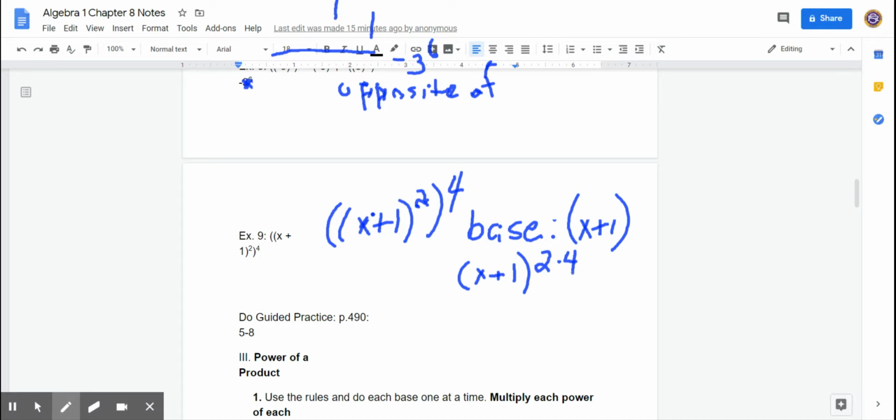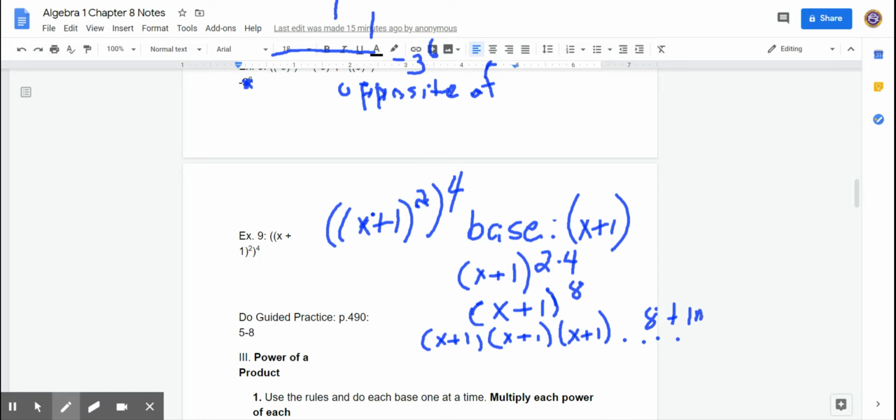So our answer is going to be the quantity of x plus 1 to the 8th power. And that means x plus 1 times x plus 1 times x plus 1, 8 times. Okay, 8 times. That's what that means.